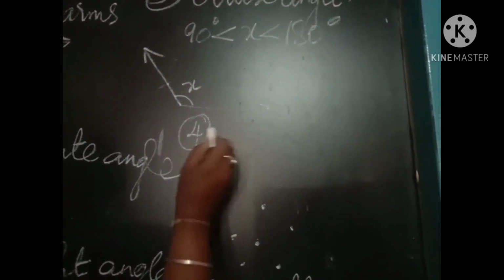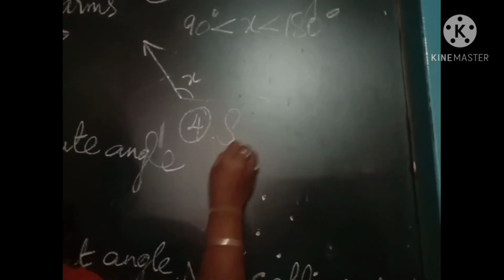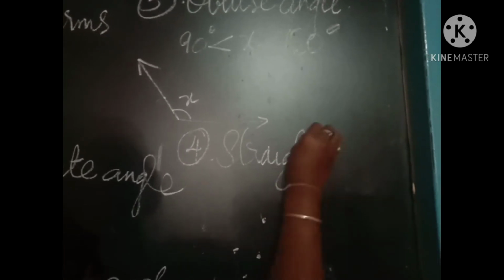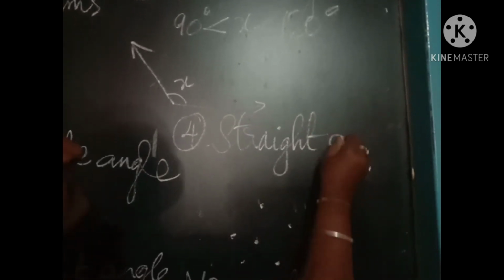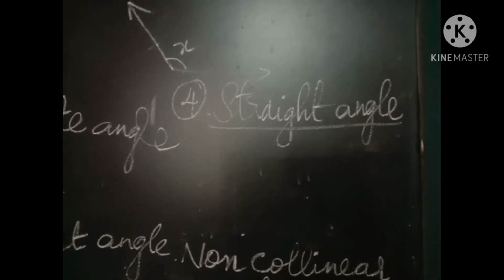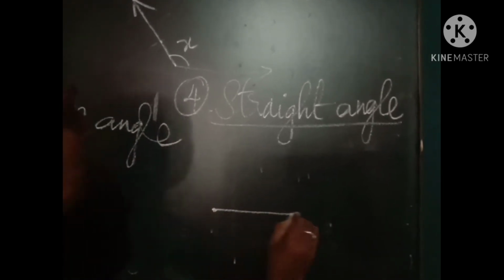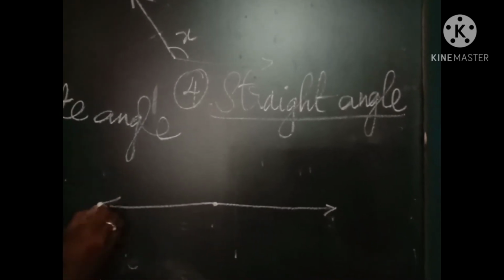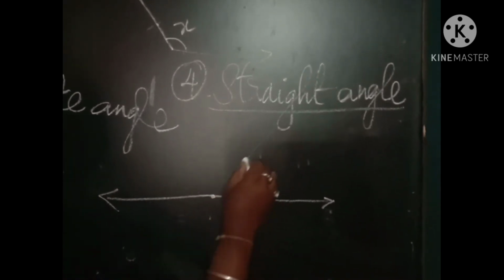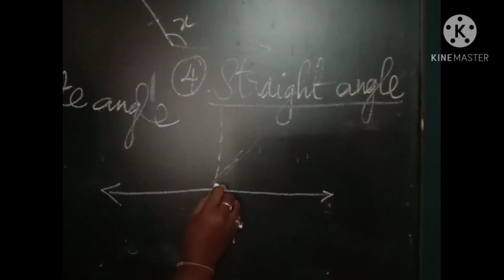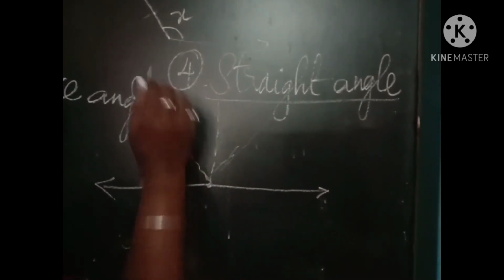Next is the angle which is equal to 180 degree. That is called, you all know, straight angle. This is called straight angle. Here, this is acute, this is right angle, and now we studied obtuse angle.